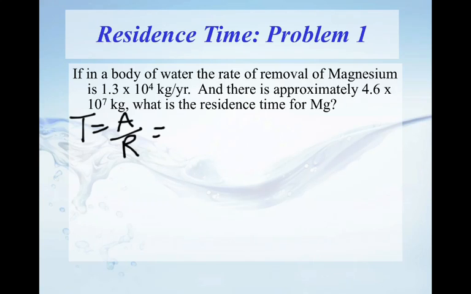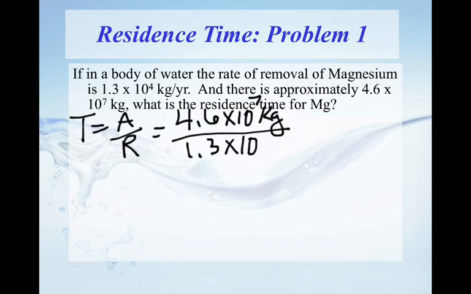A is equal to amount. We have 4.6 times 10 to the 7 kilograms. The rate of removal is 1.3 times 10 to the 4 kilograms per year. Kilograms cancels out.